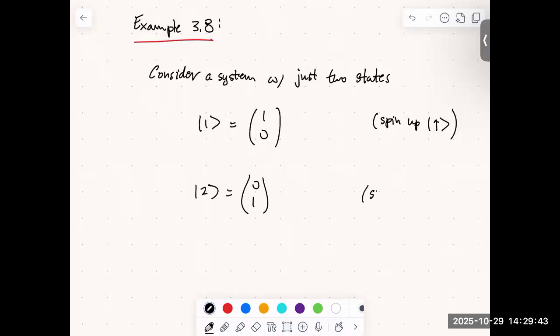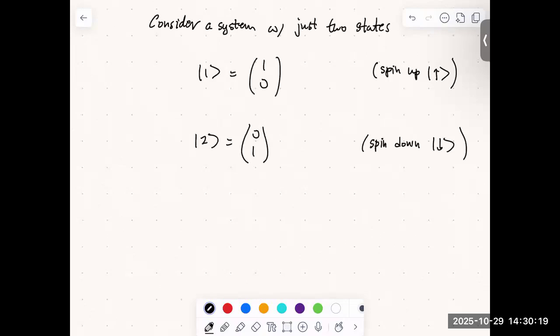And this would be, if you like, the spin down state. These are already normalized, right? If I take the inner product of either of these states with itself, you can confirm that you'll get 1. It's just a little matrix multiplication. If I take the inner product between 1 and 2, I'll get a 0. So they're not only normalized, they're orthogonal. So they're orthonormal.